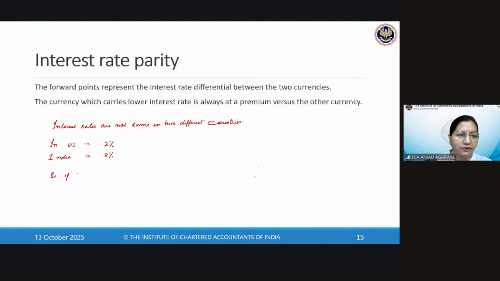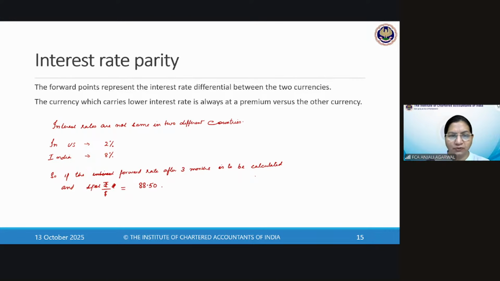So, if the forward rate after 3 months is to be calculated, and the spot rate is rupee by dollar 88.5, I'm not giving the bid and ask both, I'm just giving one rate.